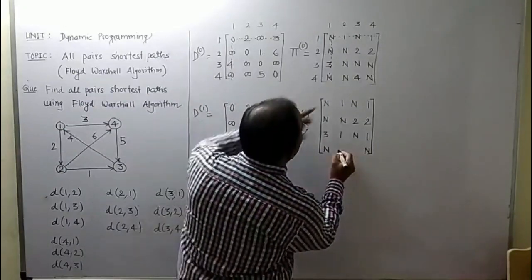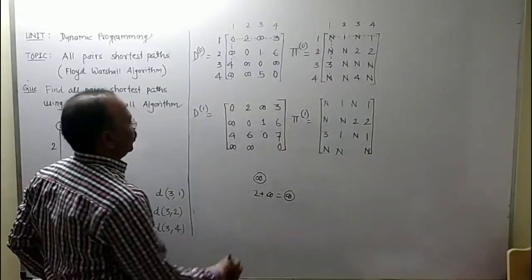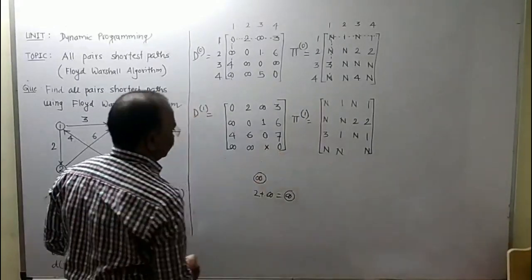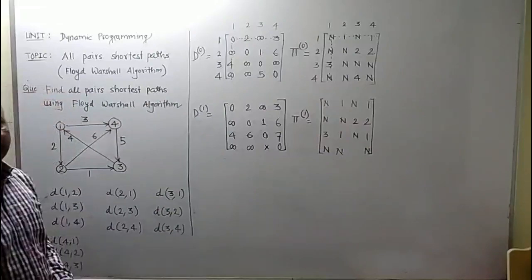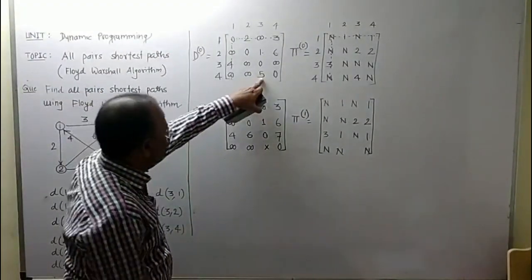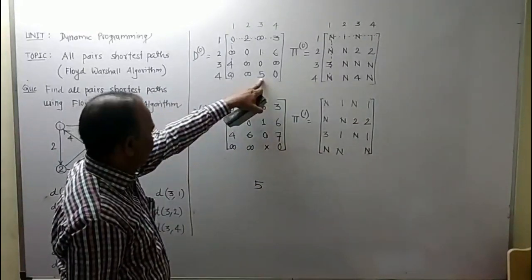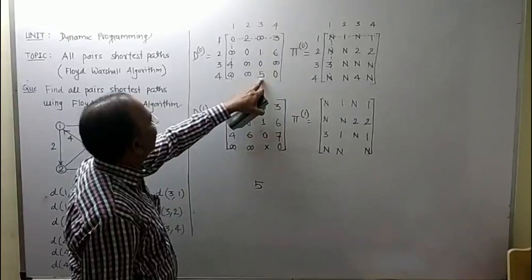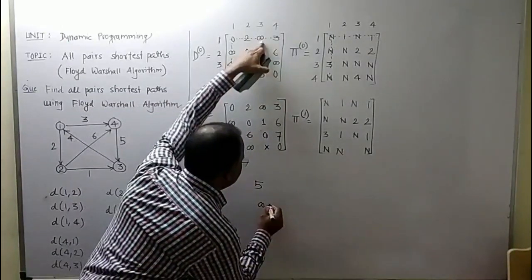So here will be n. Same value we have to put here. Now then which value will come here? Go to the same place in D0. Here the value is 5. Now find out the next value. Go up, here you will get infinity.